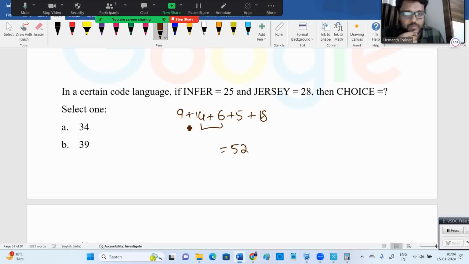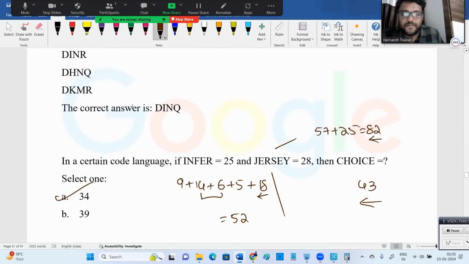So 20, 25, 34, 52. They have written 25, maybe reversed. Jersey 15, 33, 52, 57, 57 plus 25, 82. They have given us 20, written reversed. So I think you can understand, choice is 11, 26, 35, 38, 43. They give us 34. Good question. This is all the difficulty level they have given.